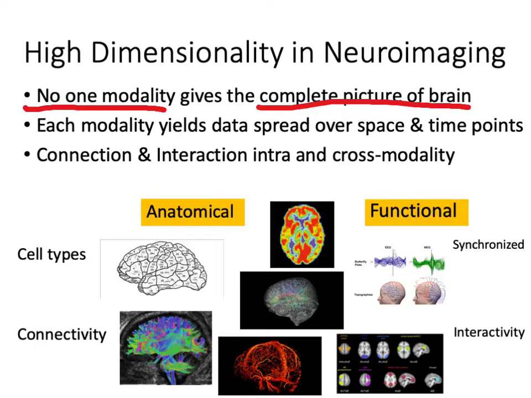We have various kinds of imaging modalities like MRI, diffusion imaging, PET imaging, which studies metabolic activity, blood time of flight MRI imaging, which can give us the blood vessel distribution, EEG, MEG, gene expression networks, as well as functional connectivity networks. Each of these imaging modalities yields different types of data, and there are multiple measurements of data which are spread across space, that is over the entire brain, surface or volume, and also across time in the form of synchronization or interactivity between different brain points.